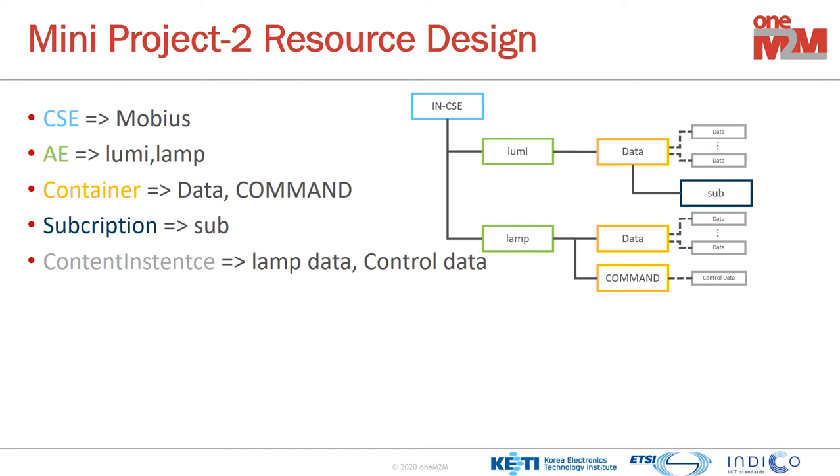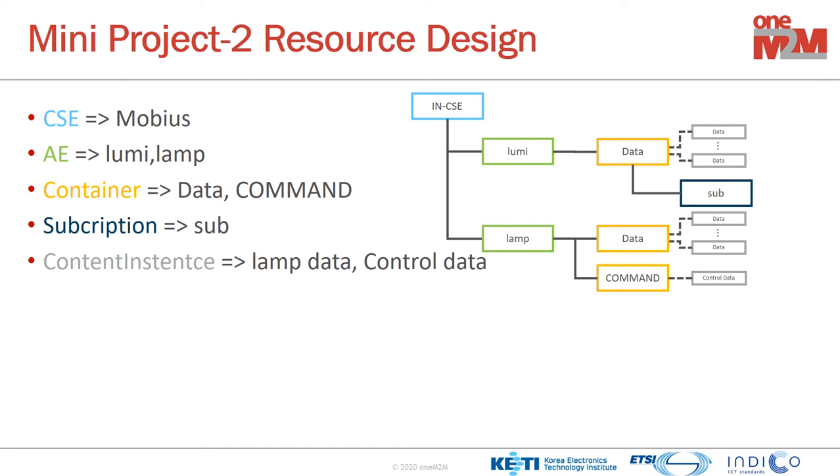And as we defined in the simple scenario, when the luminosity sensor reading value becomes higher than, for example, 300, then there will be a notification fired out, and each notification will be consumed by the home automation application, and it will send the actuation messages to lamp slash command as an actuation endpoint.